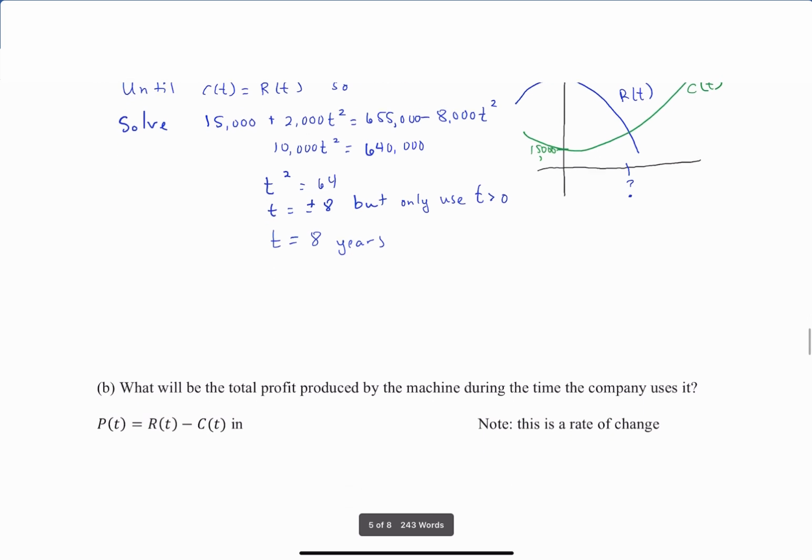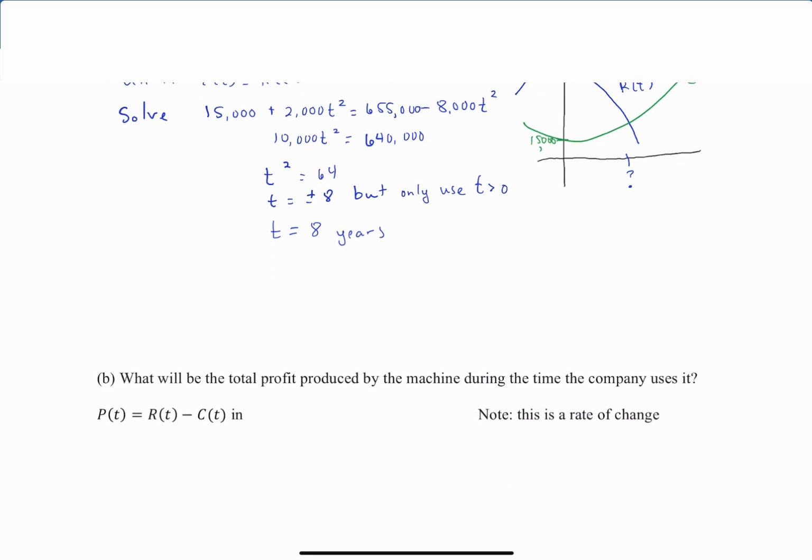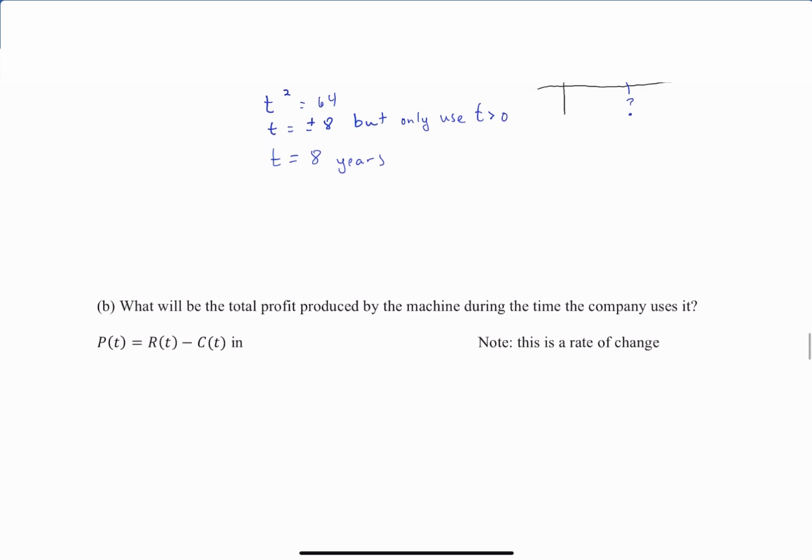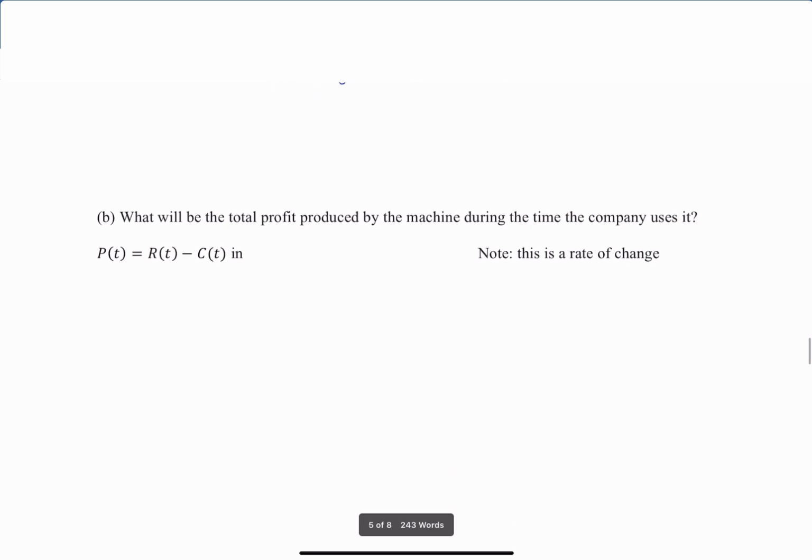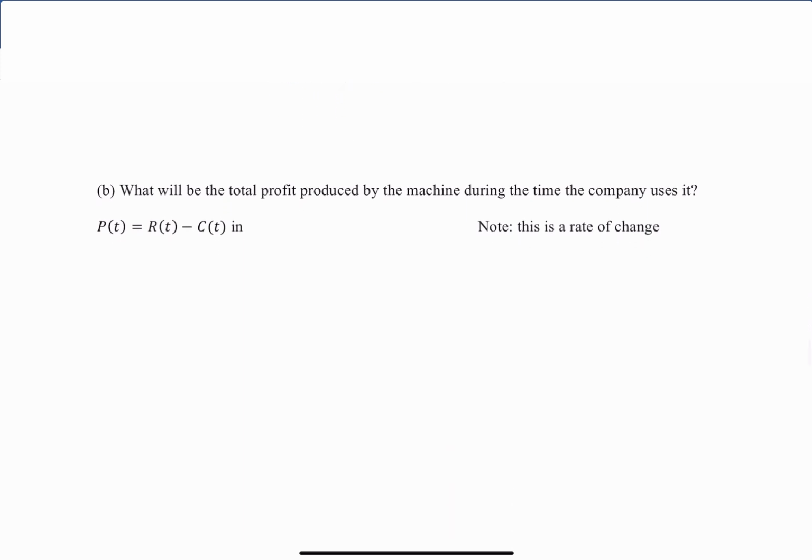What will the total profit produced by the machine be during the time the company uses it? Well, profit is revenue minus cost. That again is going to be in dollars per year because both revenue and cost are in dollars per year. So this is a rate of change of profit, yearly change in profit.